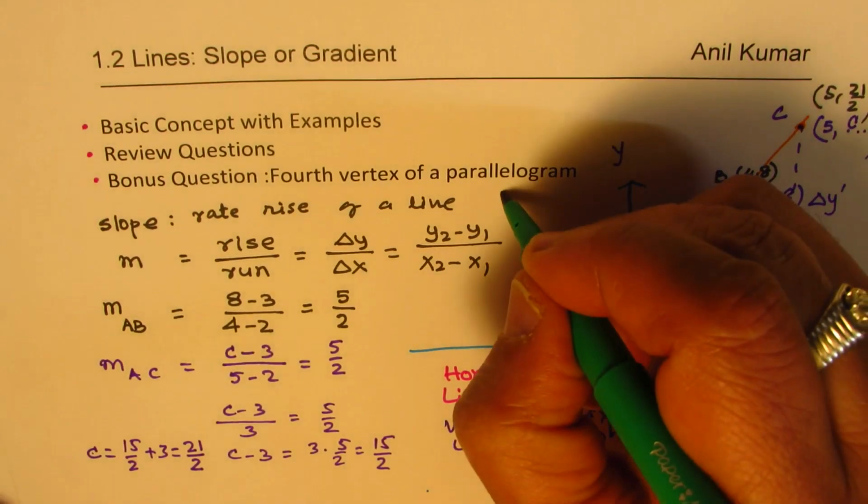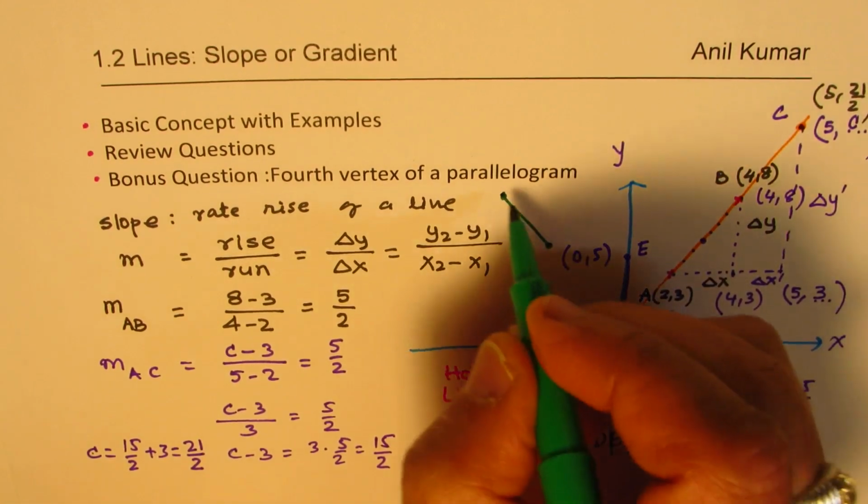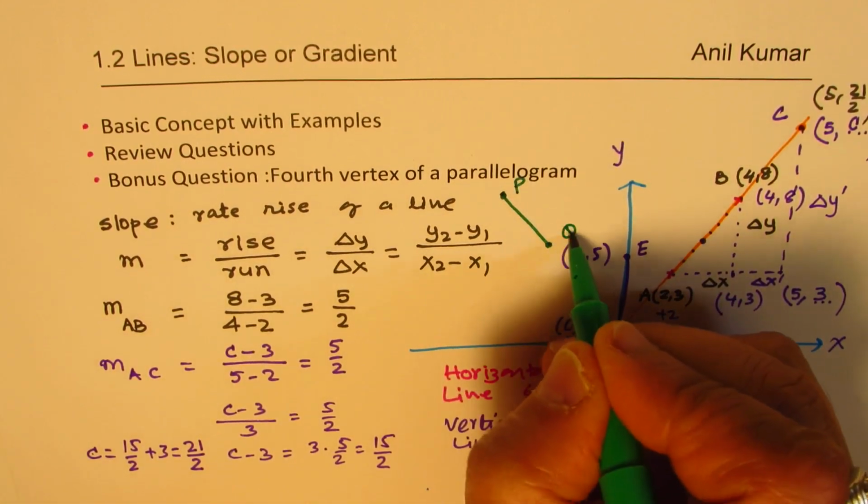Well, let's take another line here which has a negative slope. I'm considering 2 points here, P and Q, for example.